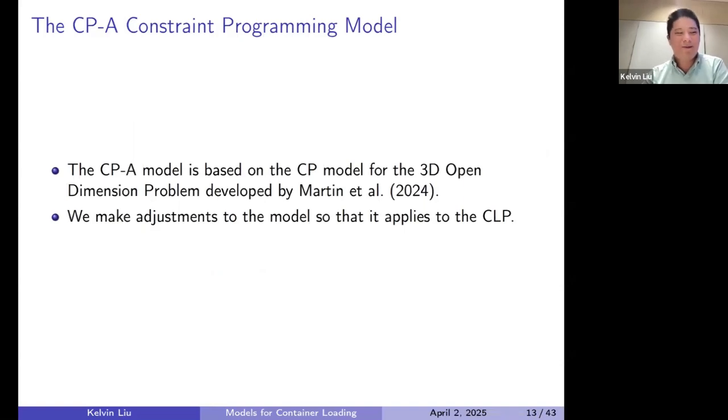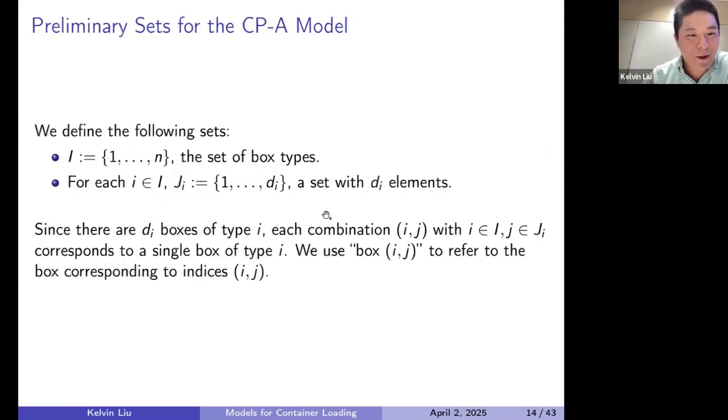And I'll start with CPA, which is relatively simple. I'll just mention that it's based on the constraint programming model developed by Martin for the 3D open dimension problem, which is a different cutting and packing problem, but it's not too hard to translate to the container loading problem by making some changes. Before I actually start defining variables and constraints and the objective function, I will define two sets preliminarily.